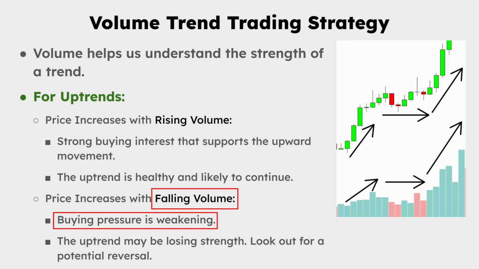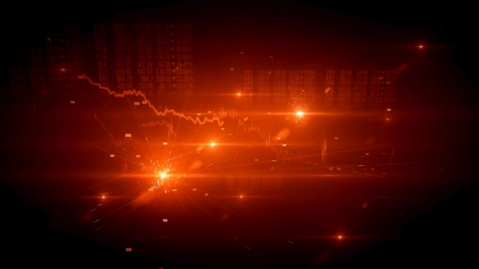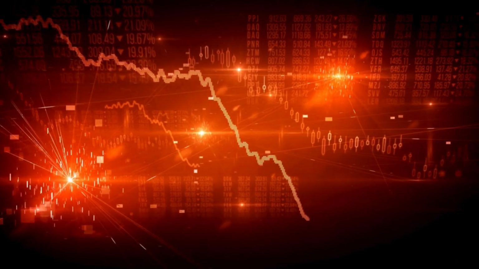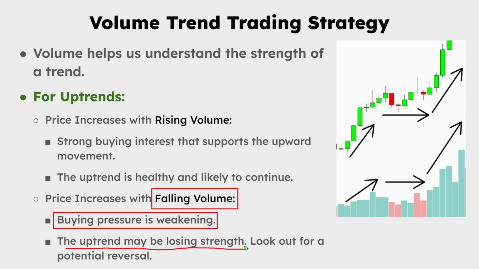And if the buying pressure is weakening, this means that the uptrend may be losing strength here, and we can start looking out for potential reversal signs. But remember here, the volume decreasing is not alone a strong signal that the price will reverse. But this is an indication that we should at least be aware of strong reversal signals.